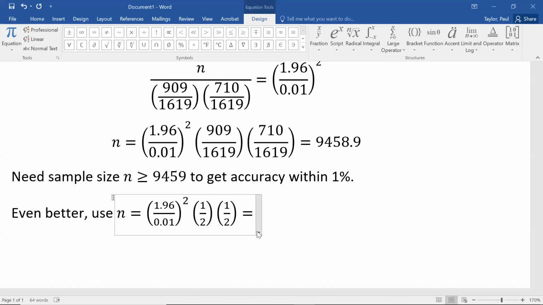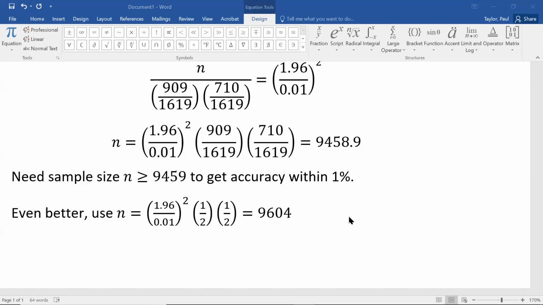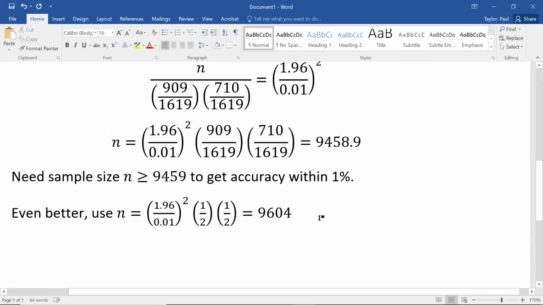So that was 9604. This is probably the better number to use, but the other one's okay too. They're close to each other. There's not that much difference.